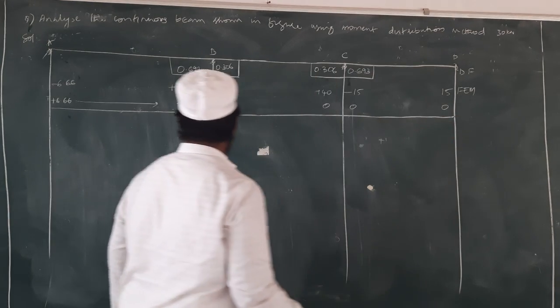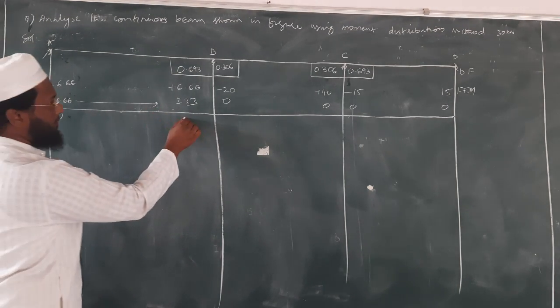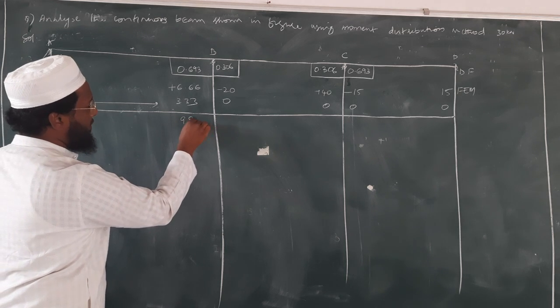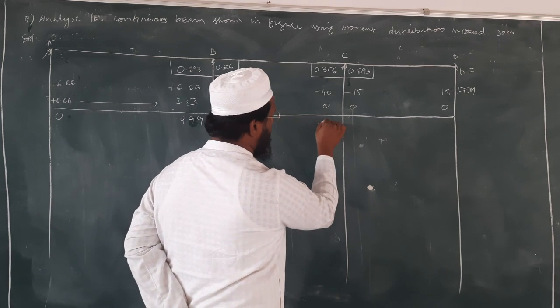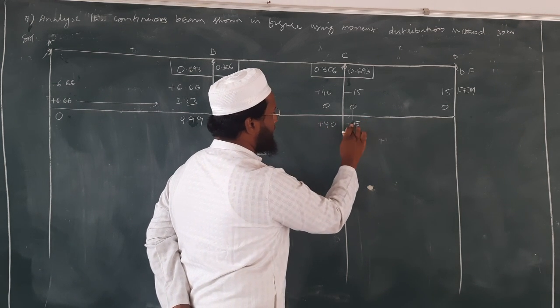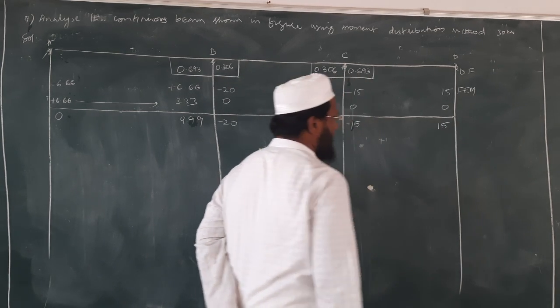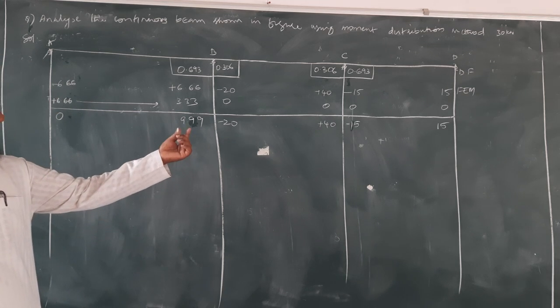Now you add all the terms. This is 0, 9.99, 9.99, minus 20, plus 40, minus 15, then plus 15.